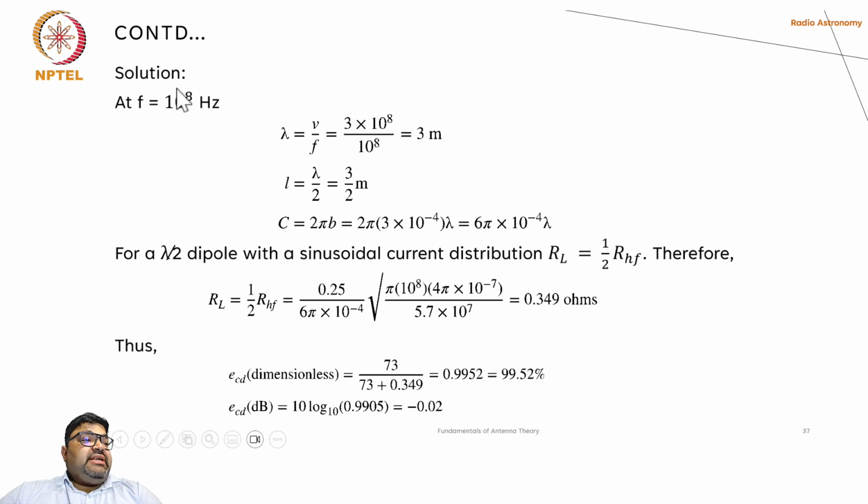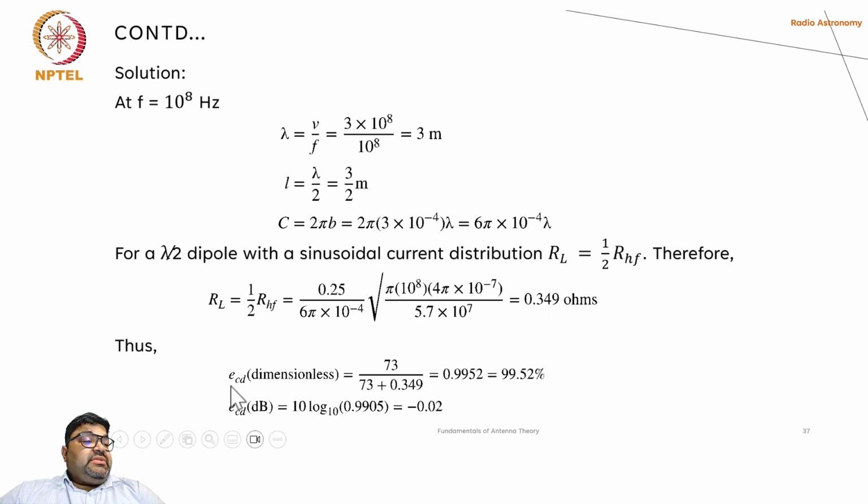So at a frequency of 10 to the power 8 hertz or 100 megahertz, we have lambda equal to 3 meter and L equal to 3 by 2 meter. So C or 2 pi times b is 6 pi times 10 to the power minus 4 lambda. RL is half of R high frequency, and so it is given by the formula RL equal to 0.35 or 0.349 ohms.